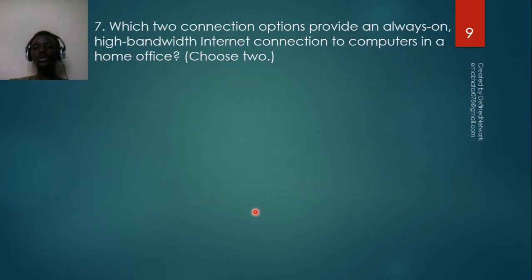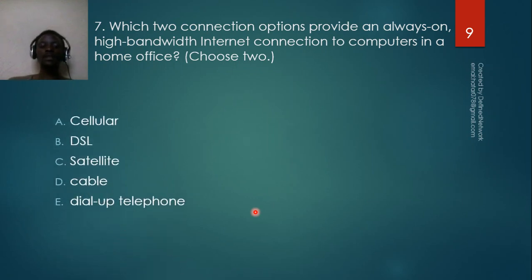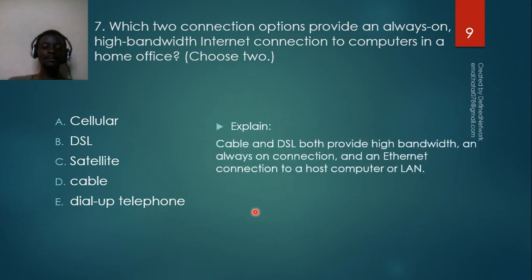Question 7. Which two connection options provide an always-on, high-bandwidth internet connection to a computer in a home office? Cellular, DSL, satellite, cable, dial-up telephone. Using cellular, you can switch it off or on.